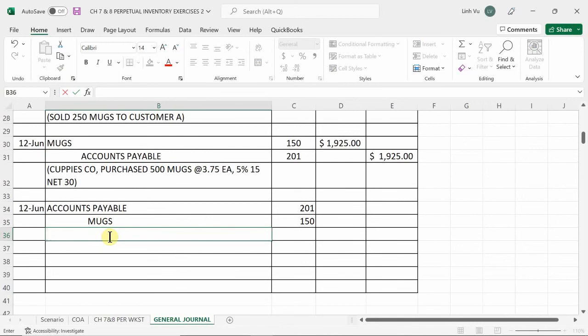Am I going to discount every single item or only a portion of the item? Only a portion of the item. So how many am I returning? 100. How much did I originally purchase each one for? $3.75. Good.